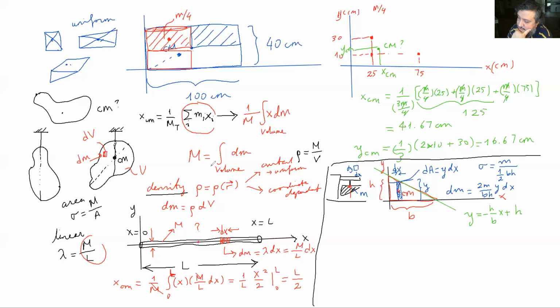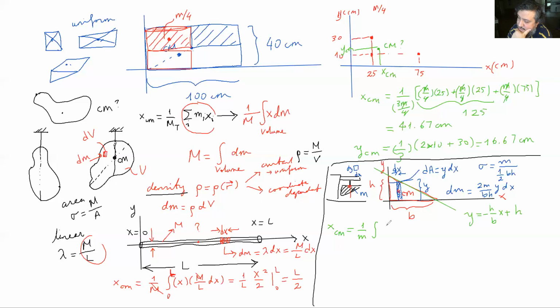Okay, so I have to now find this. X coordinate of the center of mass will be equal to 1 over total mass times an integral, which is x times dm.